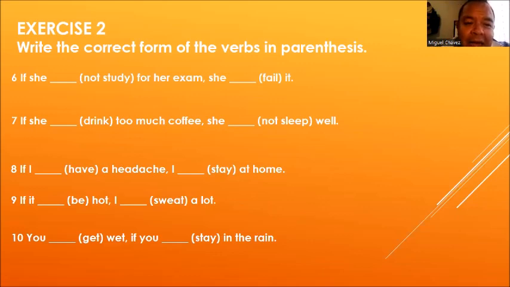Here we have a negative part in this sentence. Remember that you have to use the auxiliary verb don't or doesn't.